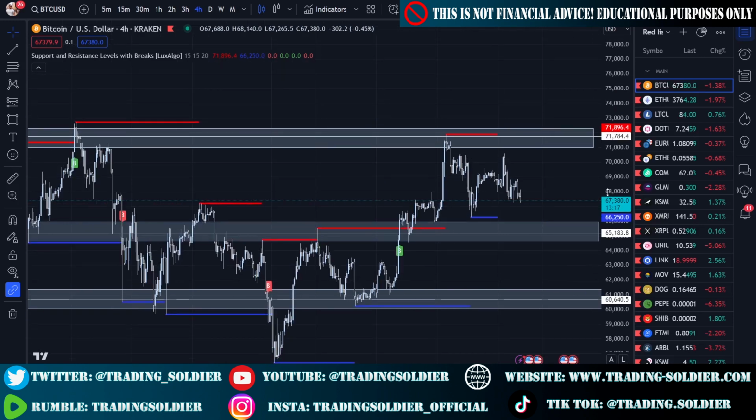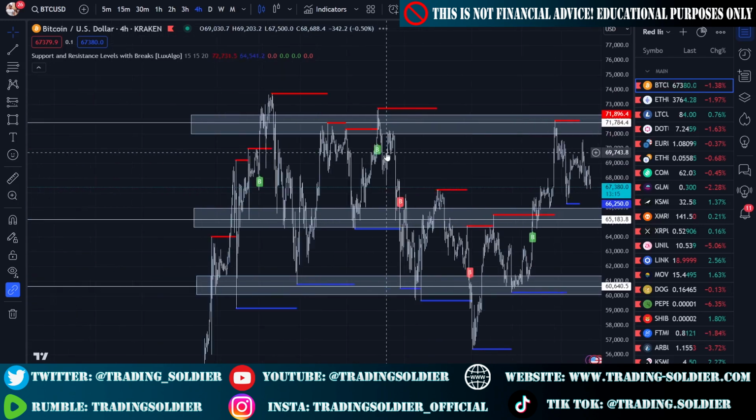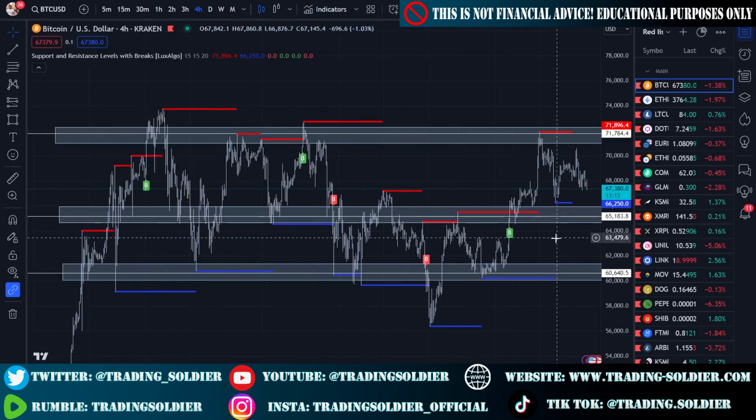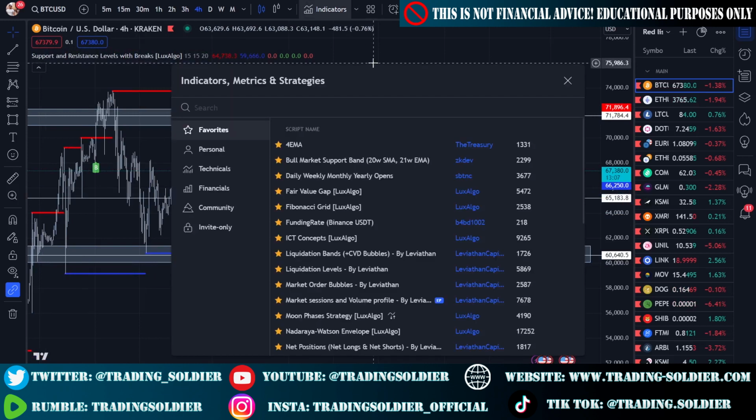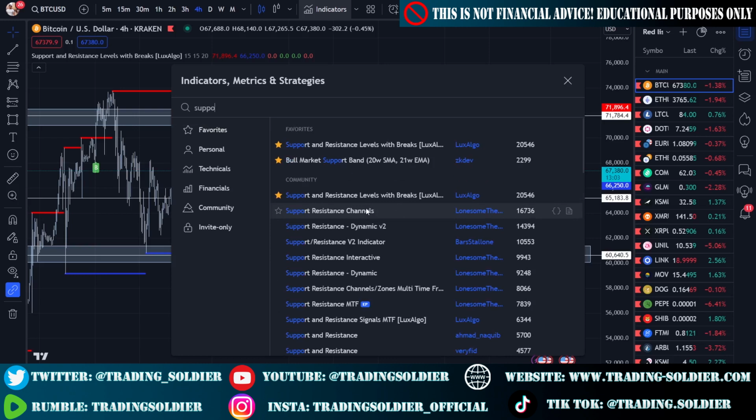So basically, this is my review of this indicator for today. I consider that it's not a very good indicator, and I don't understand why almost 10,000 people are using it, okay? Because if we search it, here we see that 20,000 people are using this indicator, or have added it to their TradingView favorite indicators.